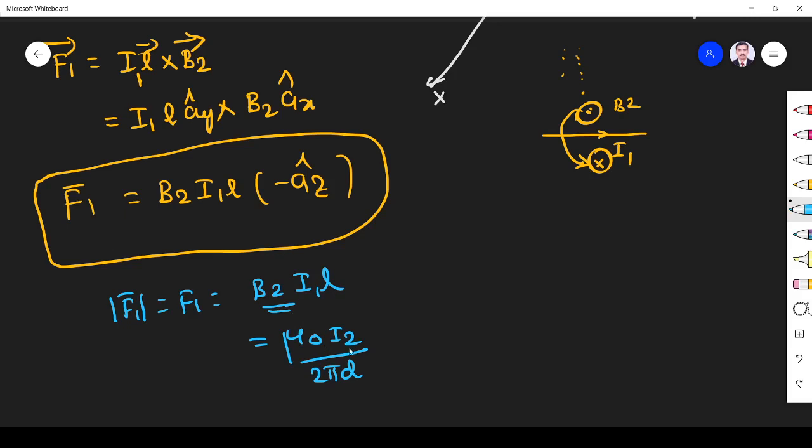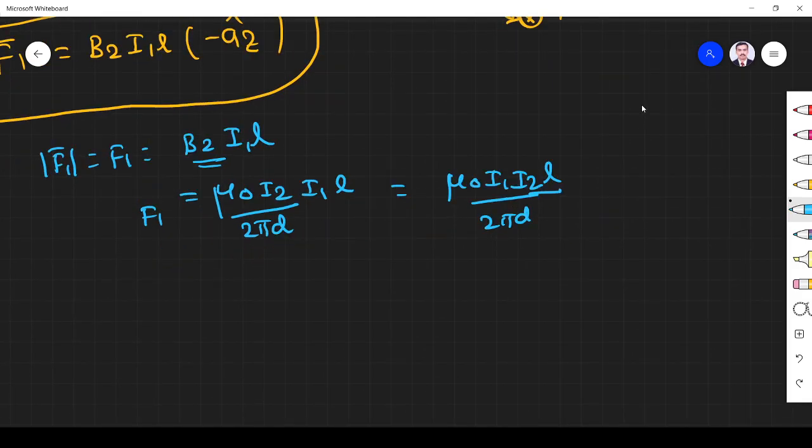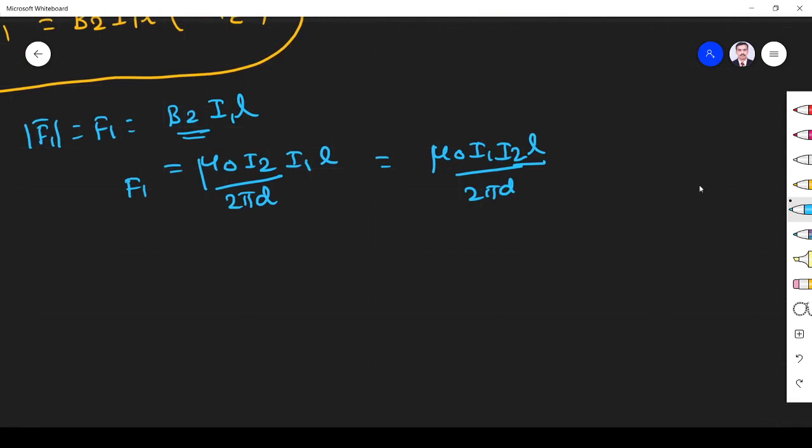So B2 is mu naught I2 by 2 pi d, and I1 is the same, I1 into L. That gives mu naught I1 I2 by 2 pi d into L. This is the magnitude of the force experienced between the two current carrying elements.